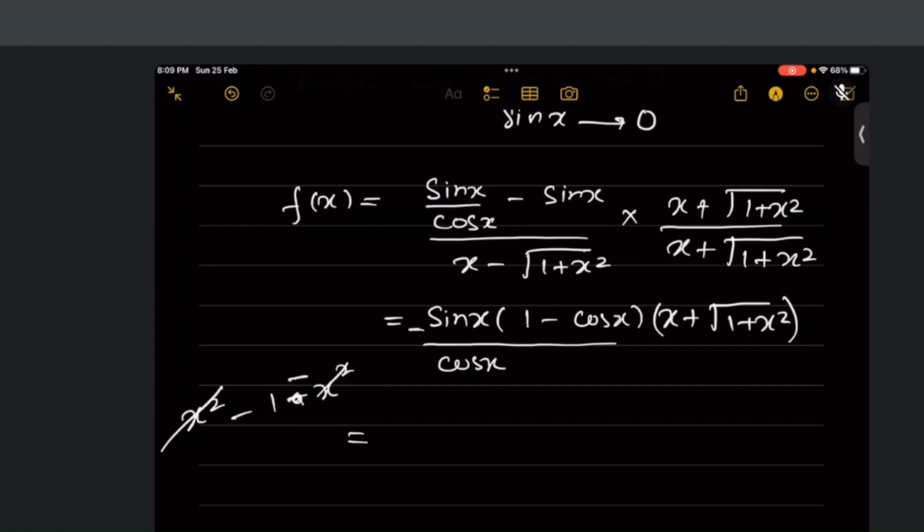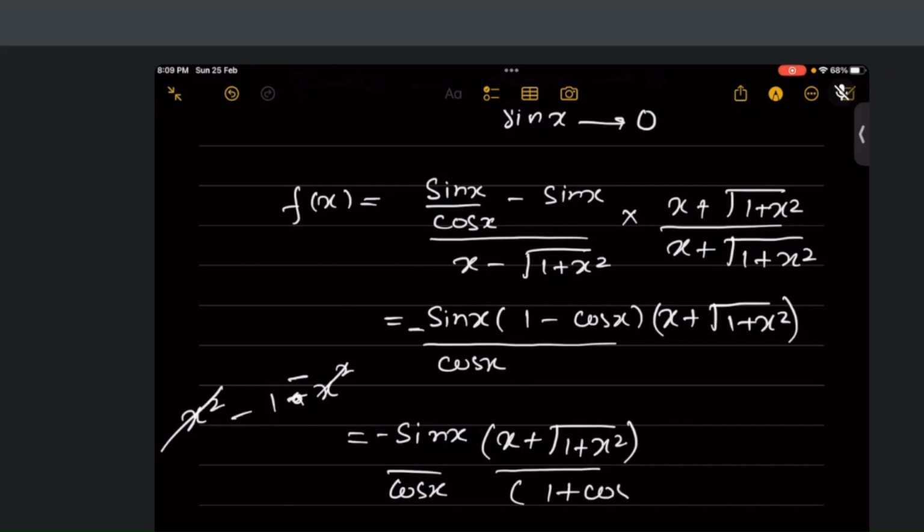So it will be minus sine x upon cos x into x plus under root of 1 plus x square. Now multiplying and dividing with 1 plus cos x will give 1 plus cos x in the denominator, and in numerator it will be a square minus b square. That will be 1 minus cos square, right?